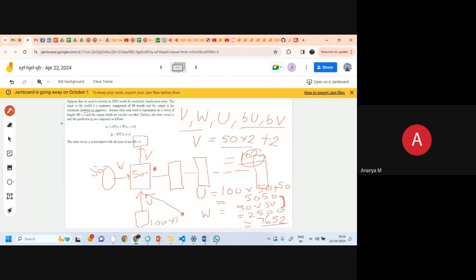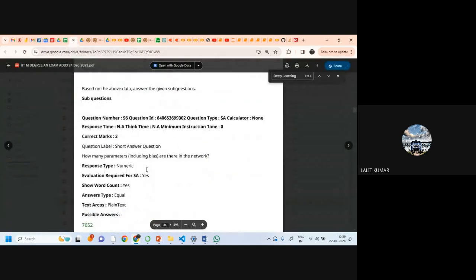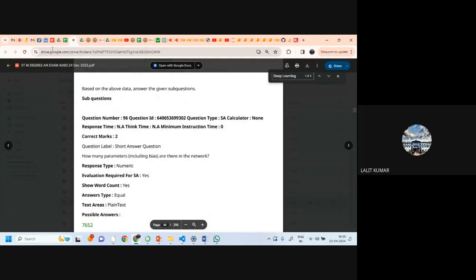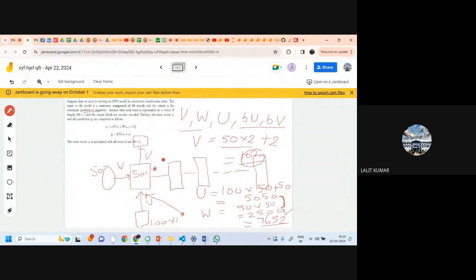We don't have bias for W. Yeah, that makes sense. So 5050 plus 2500 is 7550, plus 102 is 7652. Yeah, it's correct. So we can check. What we have to learn from here, very, very important, is that there is no bias for W.